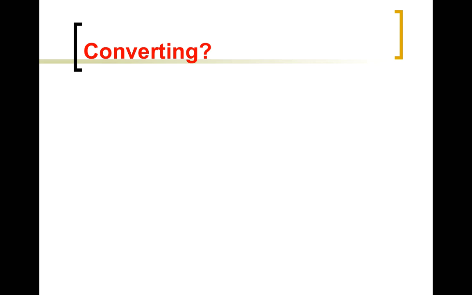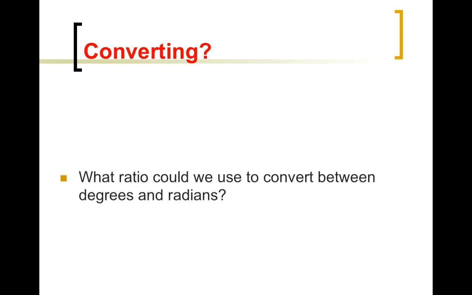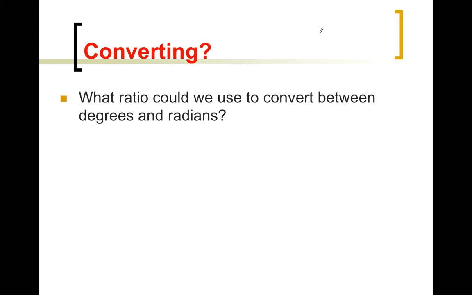Now let's look at how to convert. Knowing that pi is equal to 180 degrees, we're going to use this fact to help us convert. So if I was given 135 degrees and I wanted to rewrite it as radians, I'd have to multiply by my conversion factor.